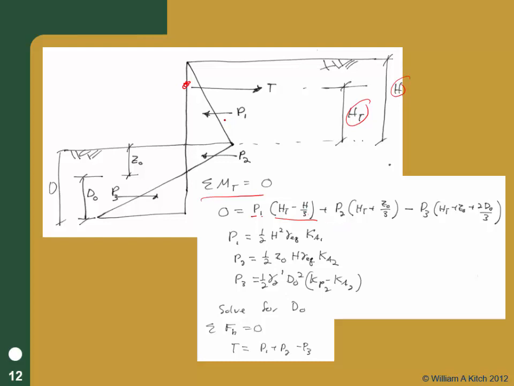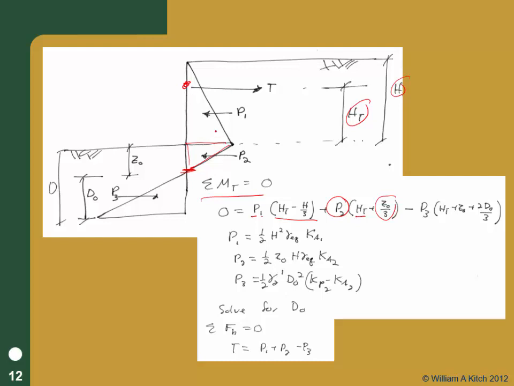And then P2 is going to be this little triangle here. The force of that we can compute from the earth pressures. We'll do those down here in a second. The moment arm is going to be HT plus Z0 over 3. And Z0 is this point where the earth pressure force curve intersects 0.